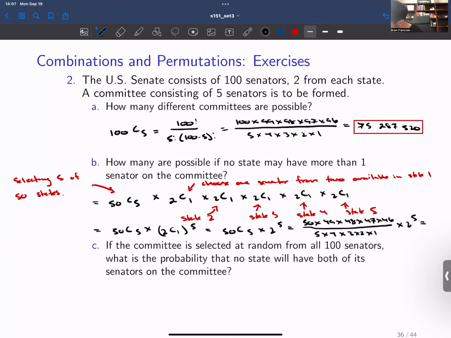Okay. And then that's going to be 67,800,320.